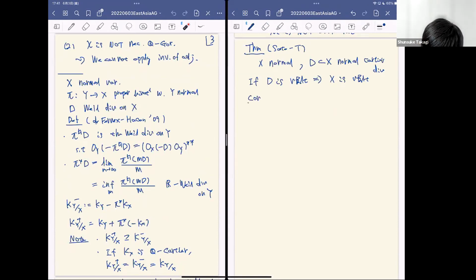Then, as a corollary of this result, we have the following application to the deformation problem. Let F be a proper flat morphism, and B is a smooth variety, but in this case, not necessarily one-dimensional.